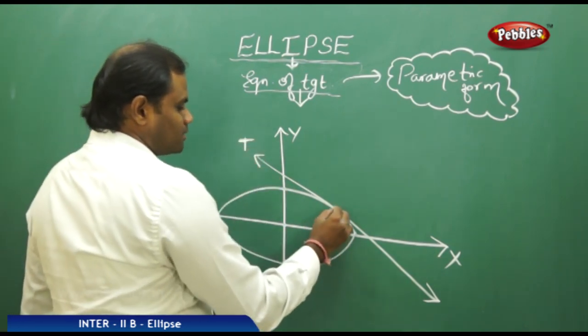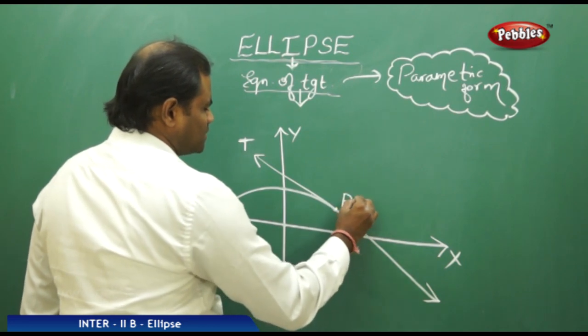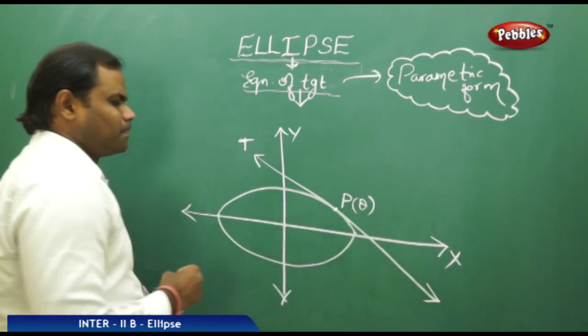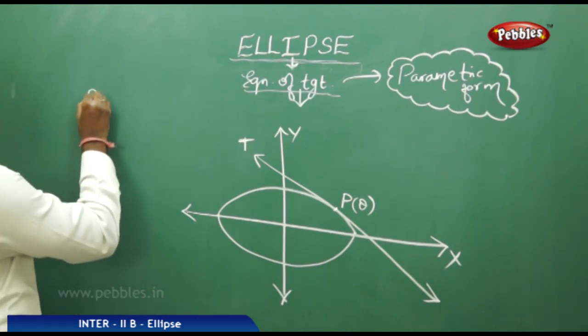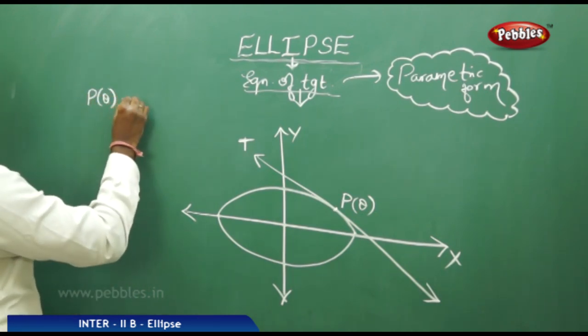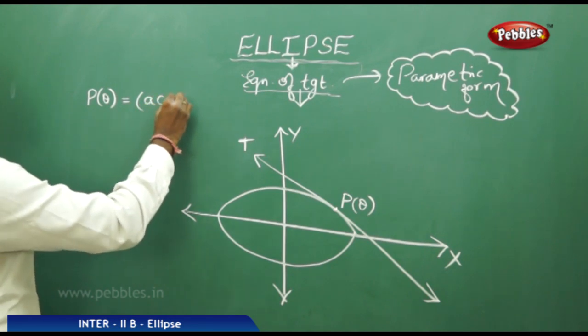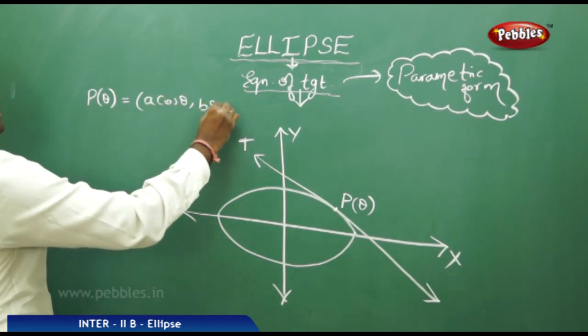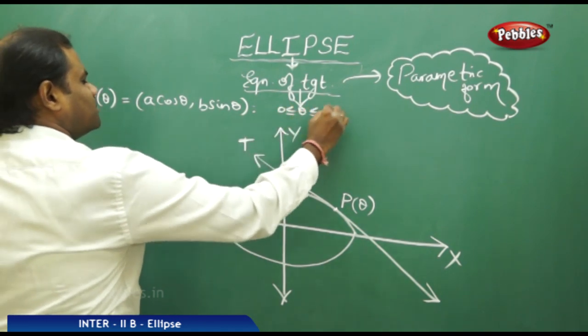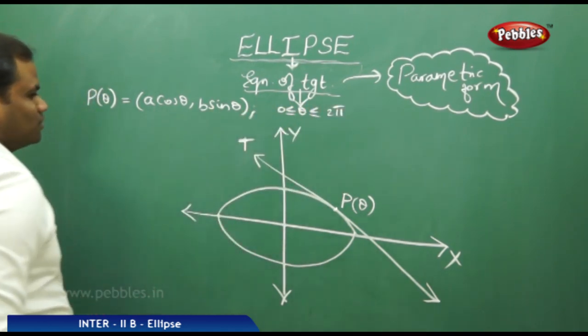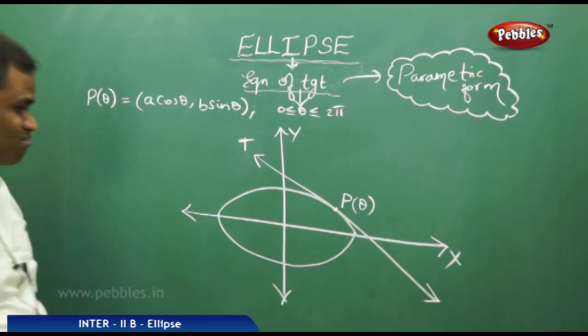So let me say the tangent touches the ellipse at P of theta. Now this being the parametric point, we know that the parametric point P of theta is given by (a cos theta, b sin theta), assuming theta lies between 0 and 2 pi.